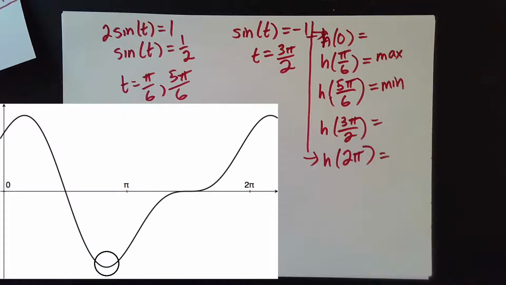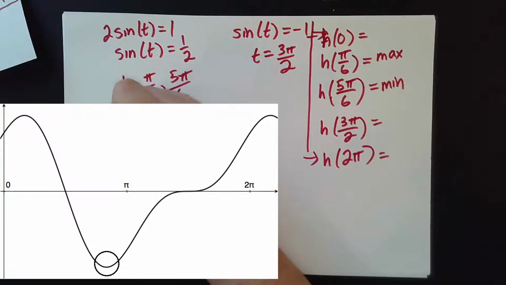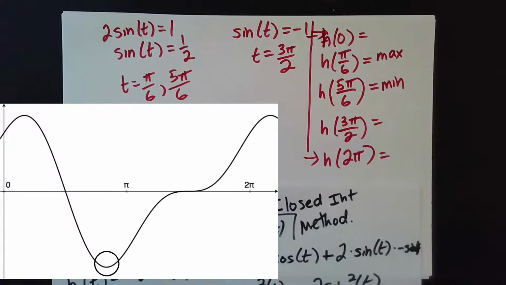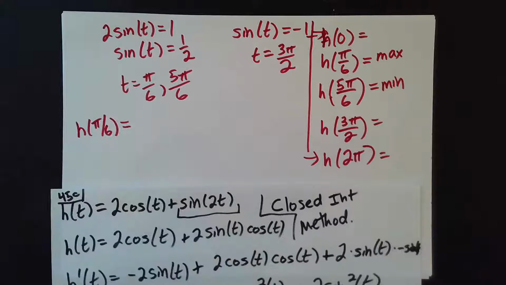So in order to complete the question, I have to go back and actually calculate what those are. So h of pi over 6 is, and so now I have to go back to the definition of h, which is that h is 2 cosine of t plus sine of 2t.